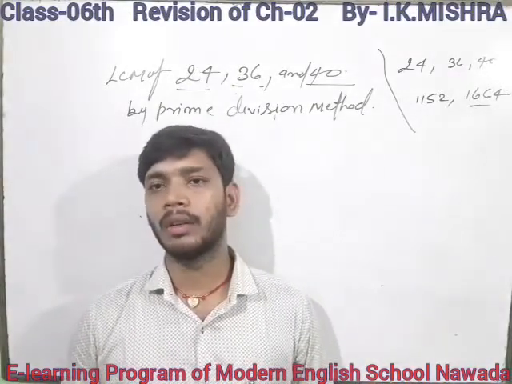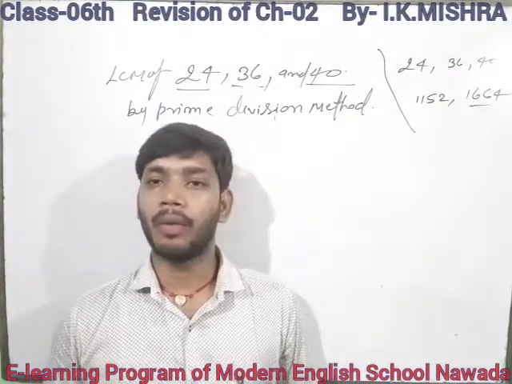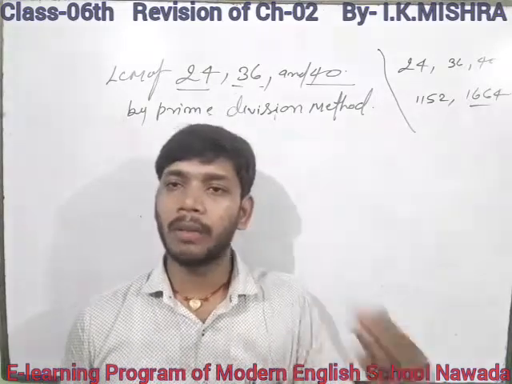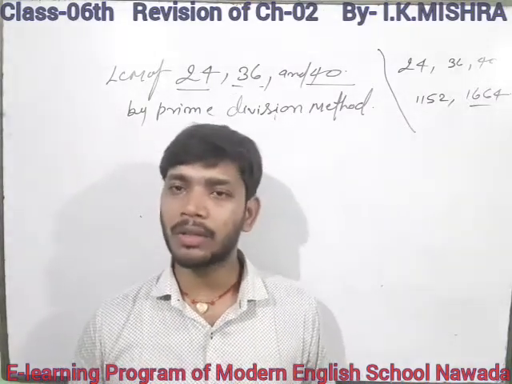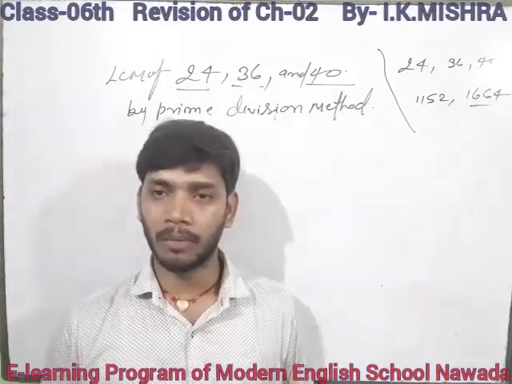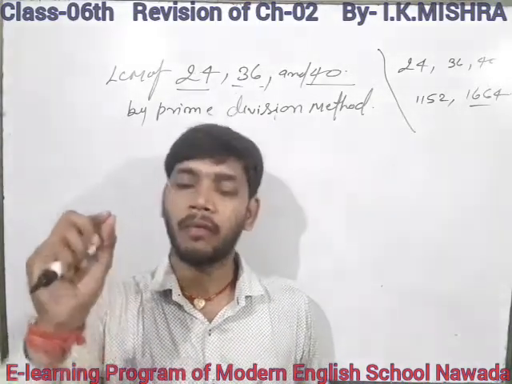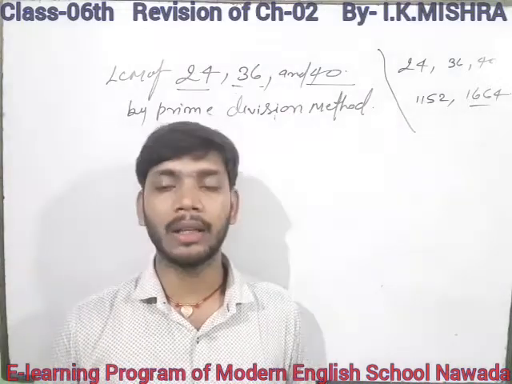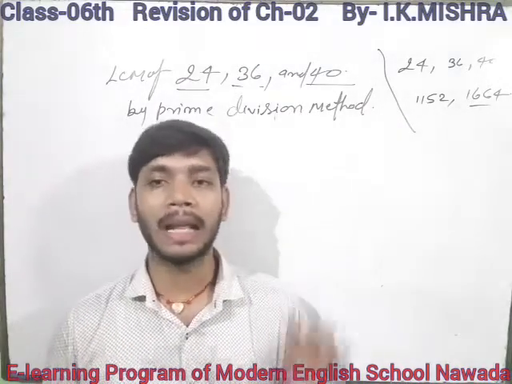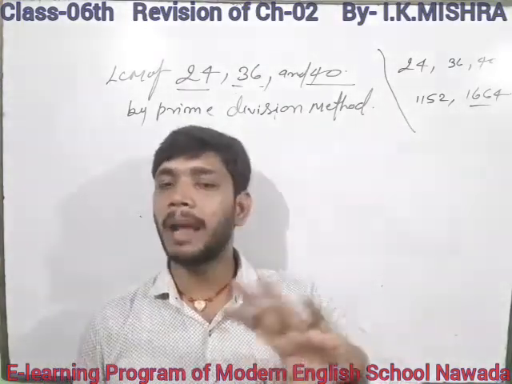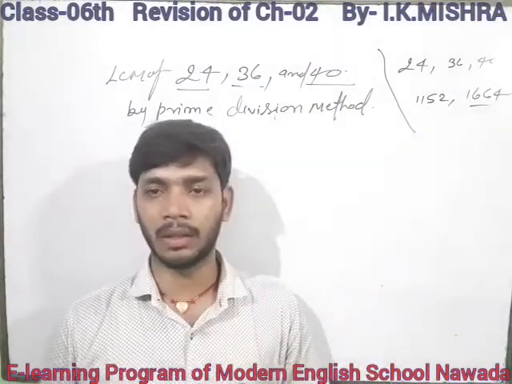Now students, we will find the LCM of the numbers by the division method. That means you have to divide the numbers by their prime factors. So students, observe how you will find the LCM by the division method.